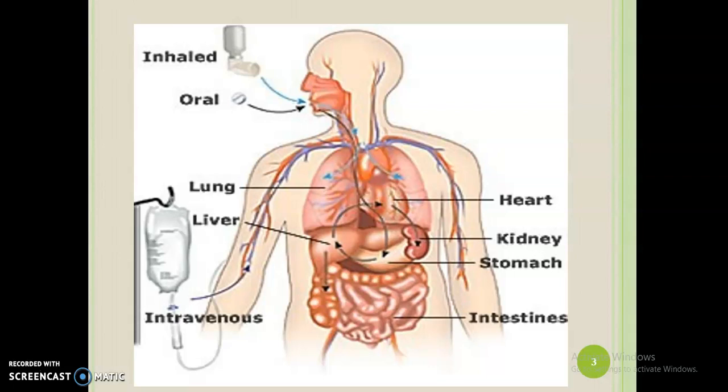Hence, this is called the first pass effect. But if you want to avoid this first pass metabolism, drugs are given directly through the intravenous or intramuscular route. So in short, if you want to avoid first pass metabolism, the drug should be given by the parenteral route.